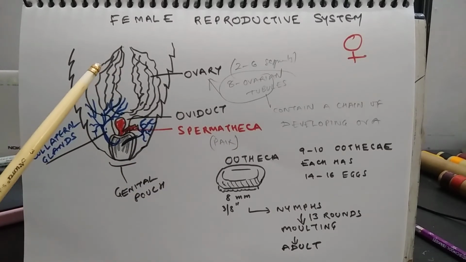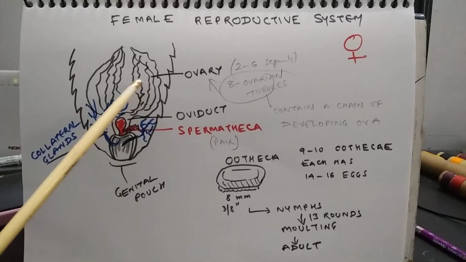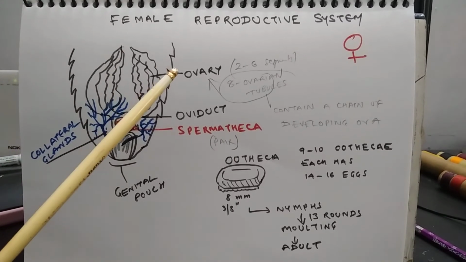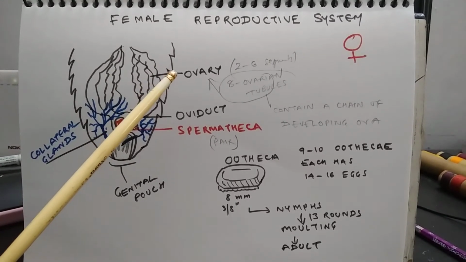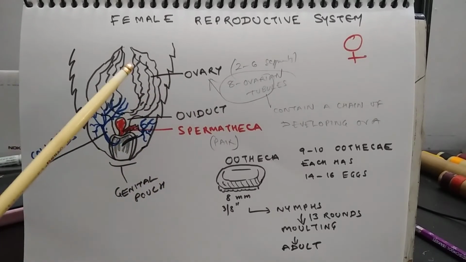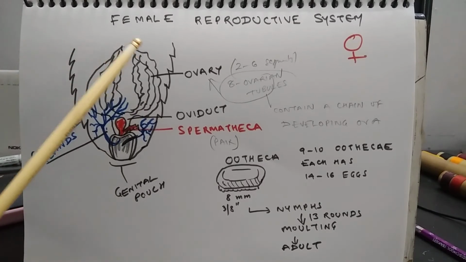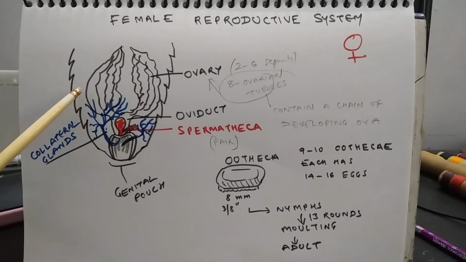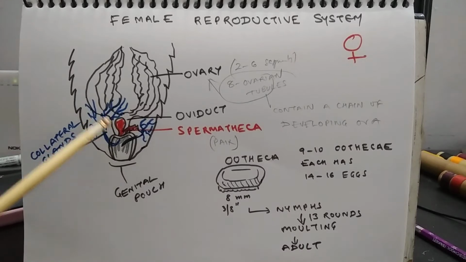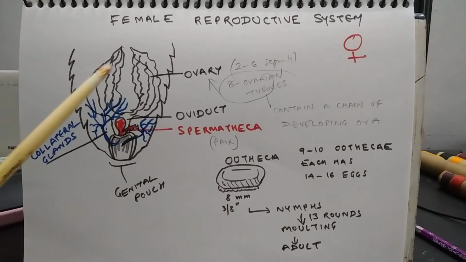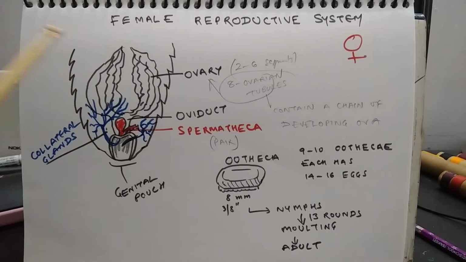Each ovary contains 8 ovarian tubules, and each ovarian tubule contains a chain of ova or eggs which are at different stages of development. So, the older ova are towards the oviduct, and the younger ones are at the top. Both the oviducts meet to form a common oviduct, also called the vagina.